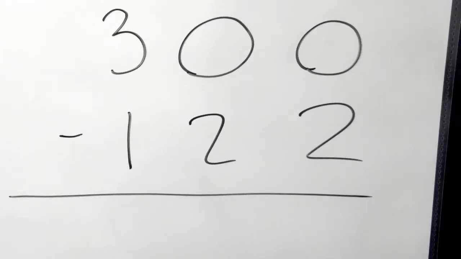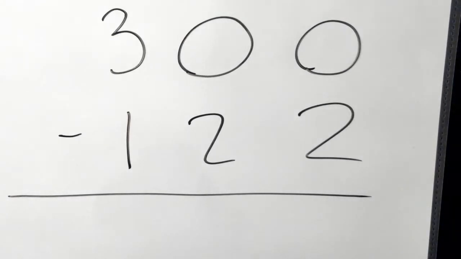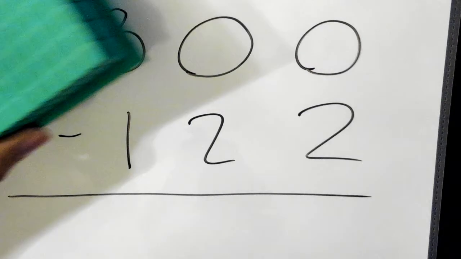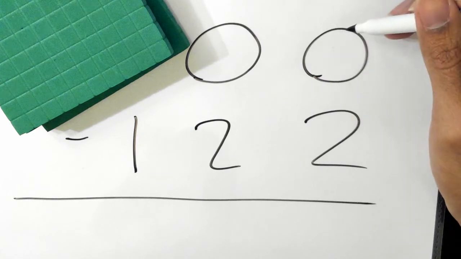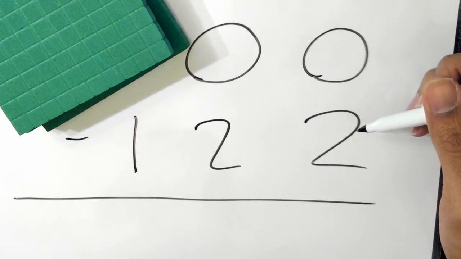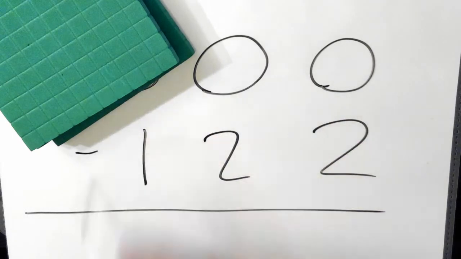I'm taking away from my big number of 300, so I only need to build that. Another way to remember is how many lines did you draw to make your minus sign? 1. So you only need one picture. So let me start. 1, 2, 300, and now I need to take away this amount. Well, if I start at my ones, if I have nothing, can I take away 2? No, so I need to borrow next door. But there's nothing next door, so I need to borrow from my hundreds.